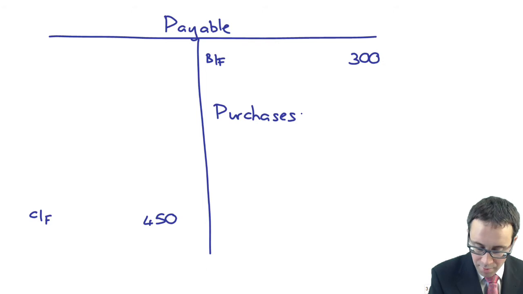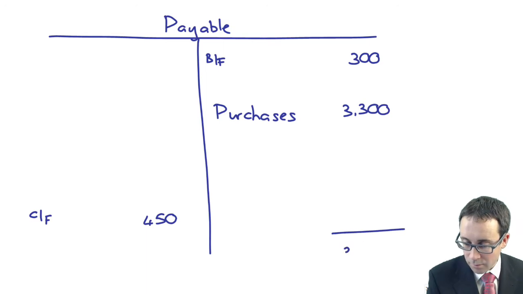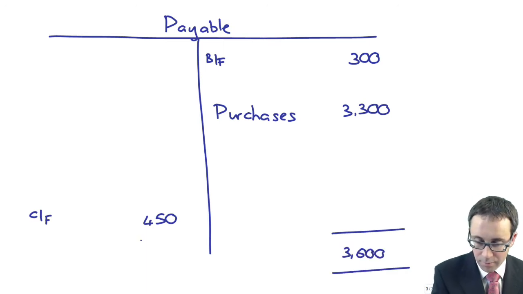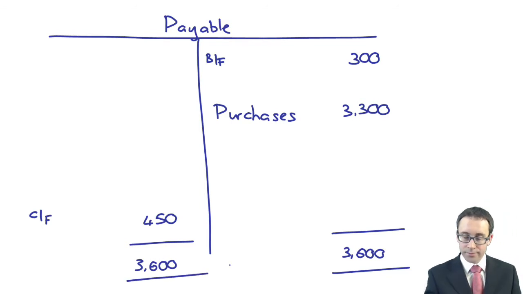Your purchases, you debit purchases, credit payables. Gives you 3,600.